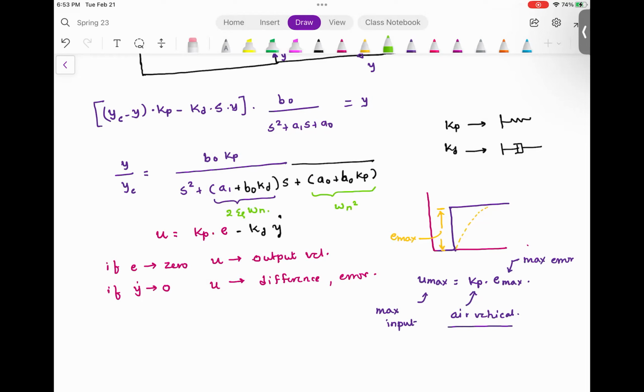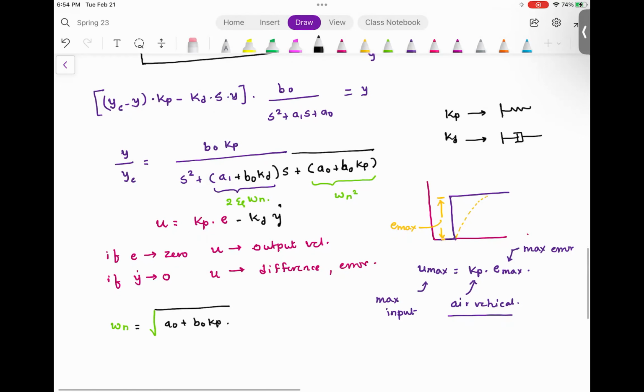So omega n is going to be the square root of a naught plus p naught Kp, and the poles are going to be minus zeta omega n plus or minus j omega n square root of 1 minus zeta square.